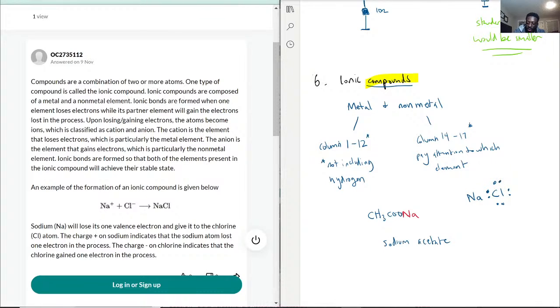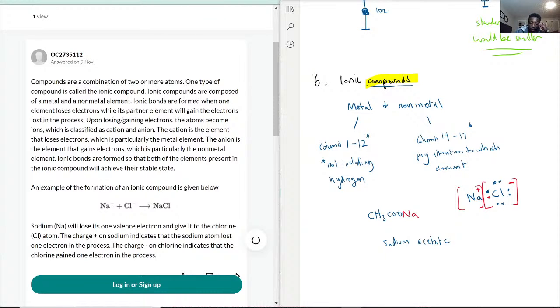In fact, let me make one of these red because that will symbolize the one that sodium used to have. You notice that the Cl and the Na are quite different now, as now the Cl is a minus and the Na is a plus because it lost the electron and the Cl gained it.